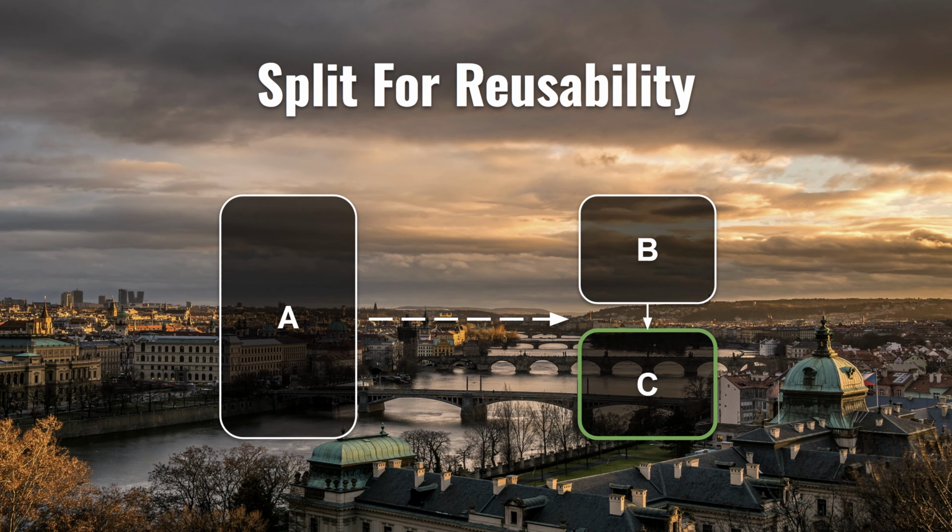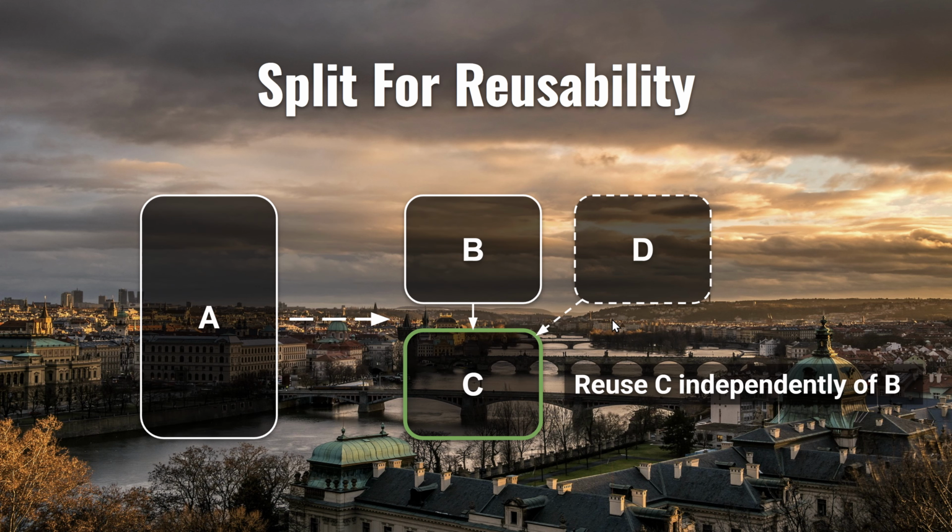When we split a unit for reusability, we do so by identifying some responsibility within that unit that can be reused in another context. For instance, here we are splitting A into B and C, and C can be reused in another context, which here is denoted by D.